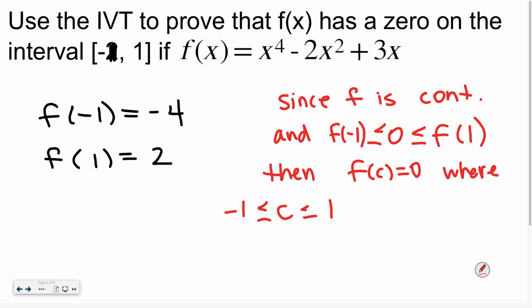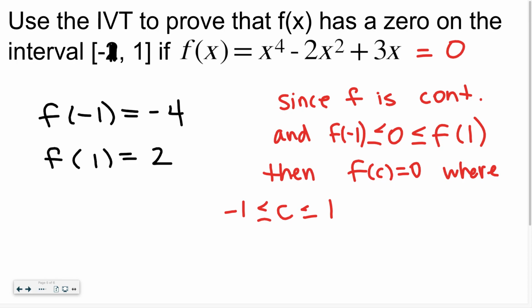So since f is continuous and 0 is in between our two function values, then f of c equals 0 somewhere where c is between -1 and 1. Where does that occur? It occurs at 0. Well, we could solve for it by setting this equal to 0 and solving. I could ask you to go that extra step, but this was just prove to me that there is a 0. It's obvious because I picked that example. Maybe I didn't mean for that to be an x. I'll have to go back and change that.